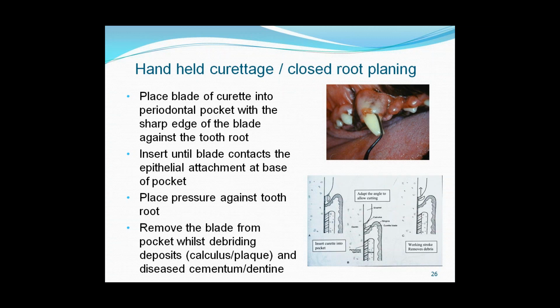So the clinical picture on the top, you've placed your curette subgingivally against the tooth surface down to the epithelial attachment. You can then see on the bottom pictures in the diagram, the blade in the middle picture there, you can see the blade is engaging the cementum, and as you remove it from the pocket, it actually removes the debris as well.